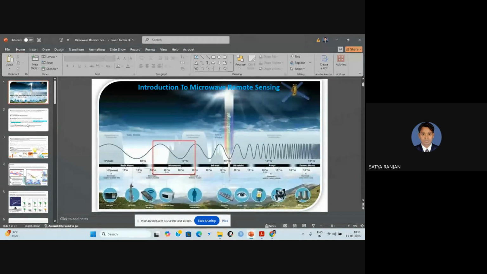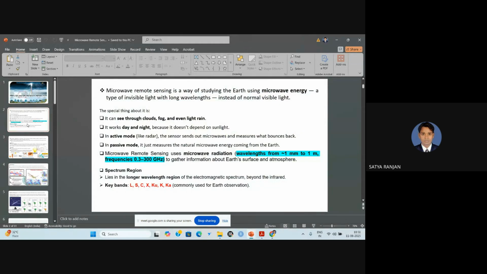So microwave remote sensing is a way of studying the Earth using microwave energy, a type of invisible light with long wavelengths instead of normal visible light. The special thing about microwave remote sensing is that it can see through clouds, fog, and even light rain, and in the dark or at night. So it works day and night because it does not depend on sunlight.